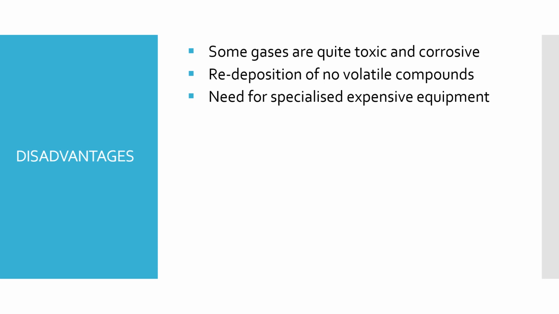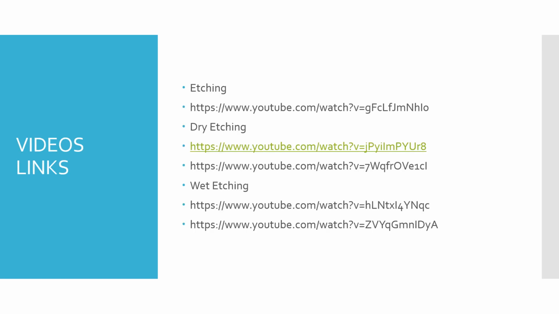As for the disadvantages, some gases released through plasma etching are quite toxic and corrosive. Redeposition of non-volatile compounds can also happen, and there is a need for specialized, expensive equipment to perform the etching process.